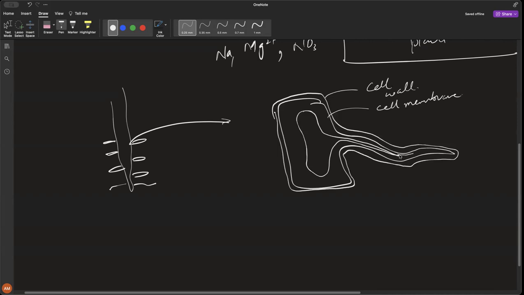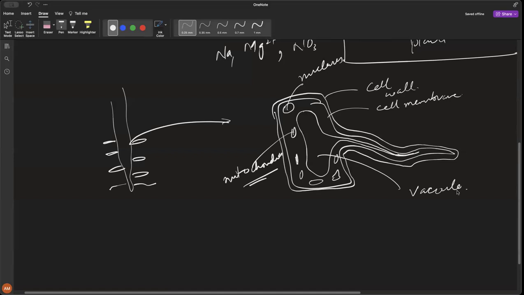It has a nucleus, it has mitochondria. It does not really have any chloroplast because there's no need for that. This is generally a plant cell, a root hair cell.